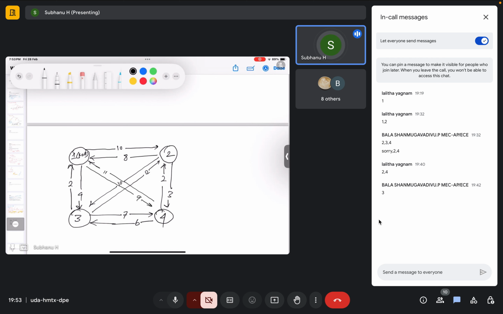So this Chu-Liu algorithm is designed in a recursive manner. This is the example of a fully connected directed graph where we have four vertices, 1, 2, 3, and 4. Fine. So what should be the first step?